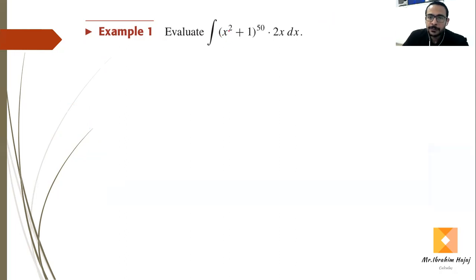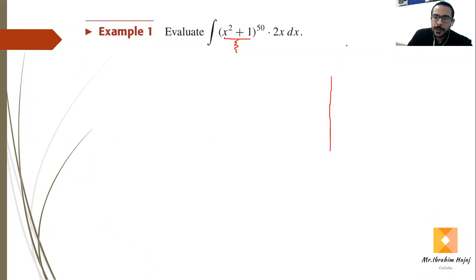the integral of (x squared plus 1) to the power of 50 times 2x dx. I think here we have a composition, guys. The inner function here, x squared plus 1, we can express as g of x, or u. Let's solve by using U substitution.